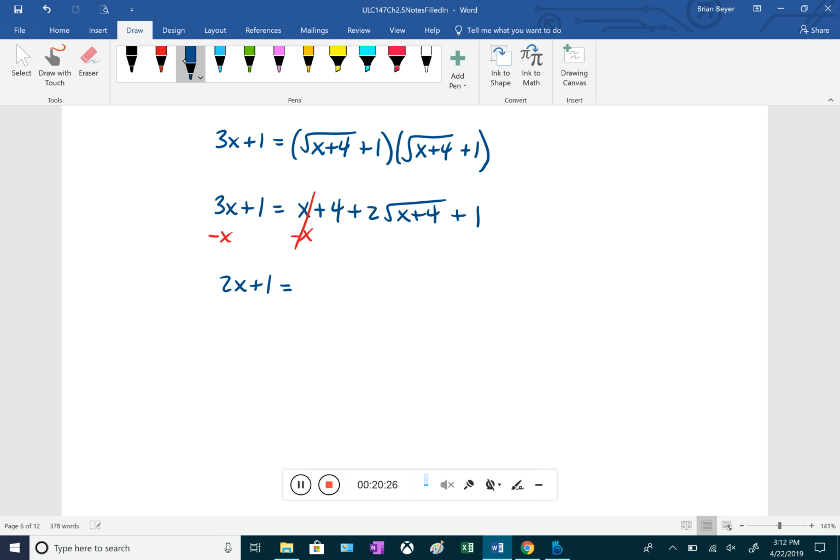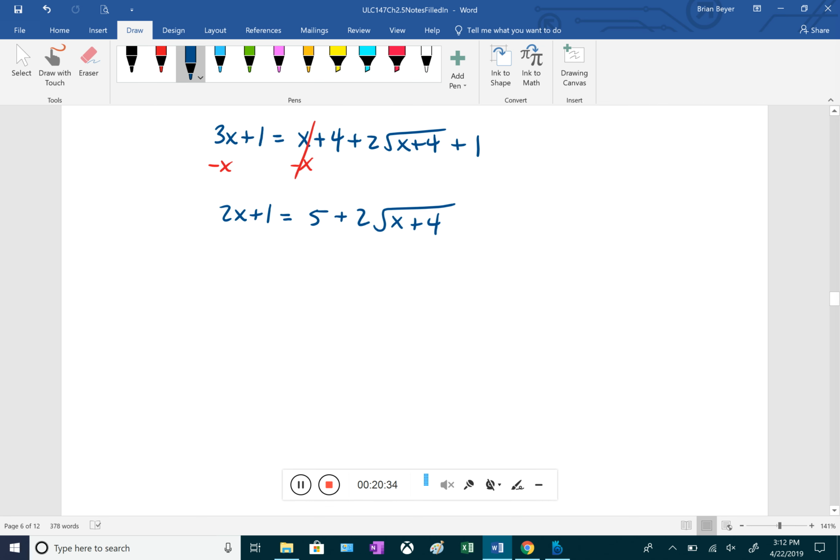And let's combine this 4 and the 1. So it's 5 plus 2 square root x plus 4. And now we need to subtract the 5 on both sides. So it's going to be 1 minus 5. So 2x minus 4 equals 2 times the square root x plus 4.